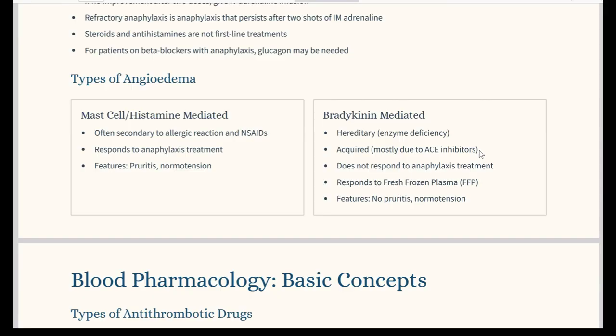Any angioedema or allergic reaction that is histamine mediated will respond to adrenaline, and bradykinin mediated might not respond that well to anaphylaxis treatment. This is again MCQs, and these are a physiology overlap, but you might think, they're asking about a drug, so it could be pharmacology, but it's an overlap of both.